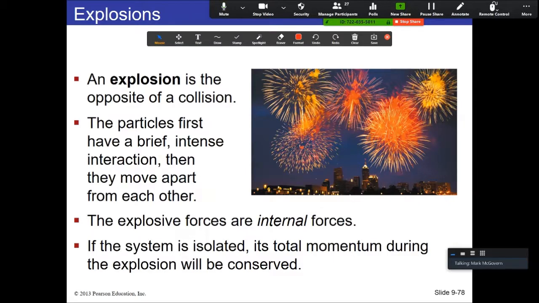It's just going backwards in time. Instead of things colliding and sticking together, things are already stuck together and then they fly apart. And, in explosions, they're still considered inelastic collisions. You would actually classify them as an inelastic collision, even though it's not technically a collision per se. But physically speaking, they are identical to each other.